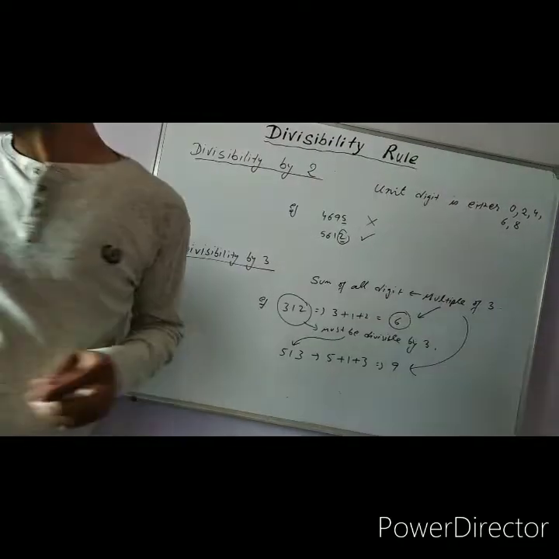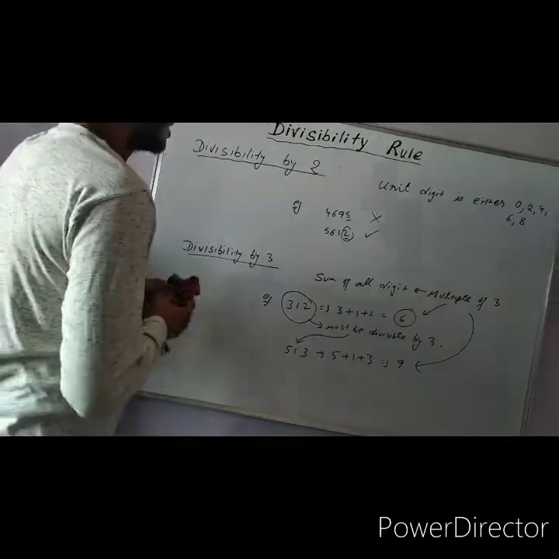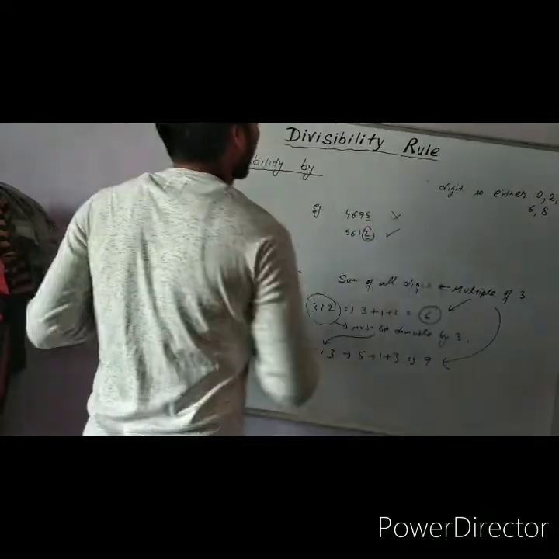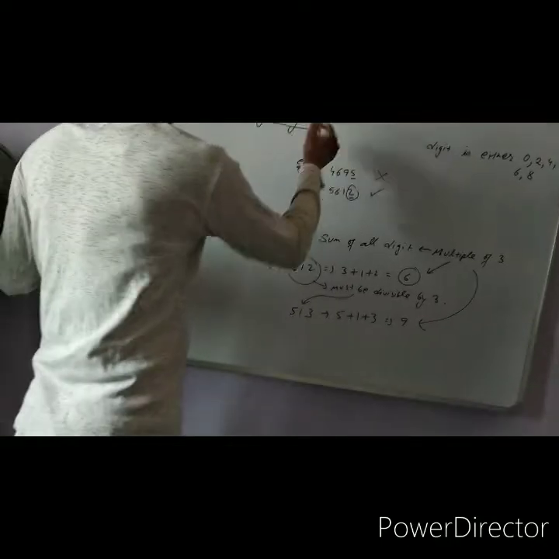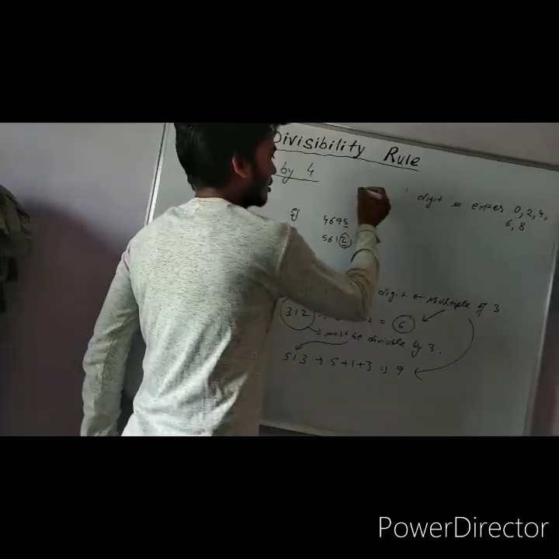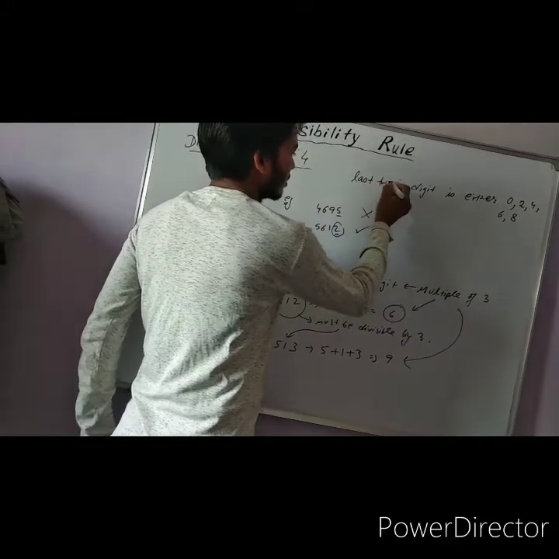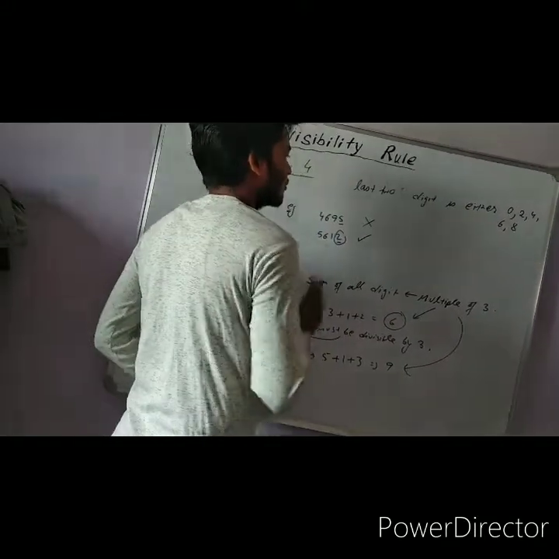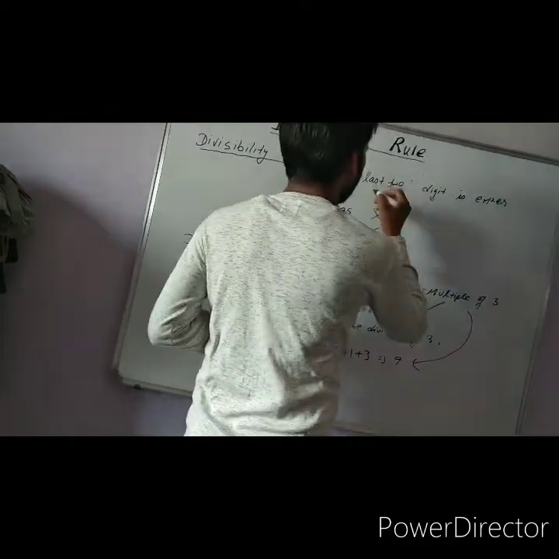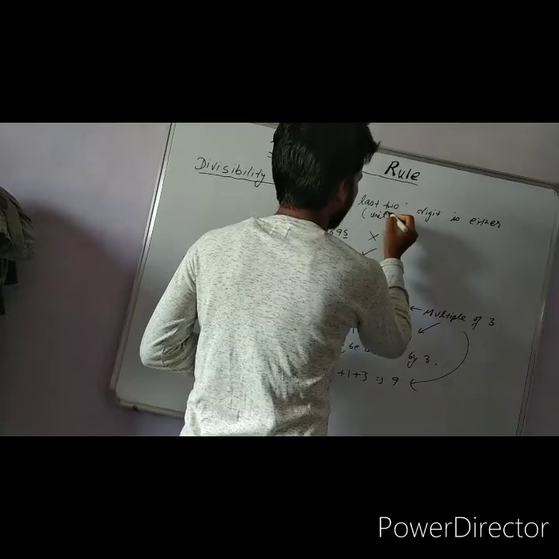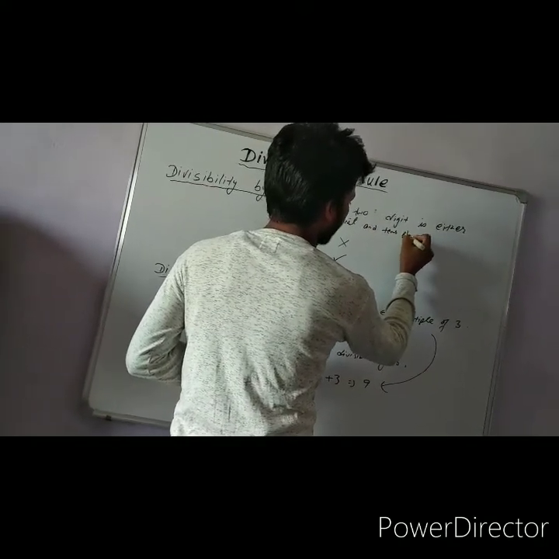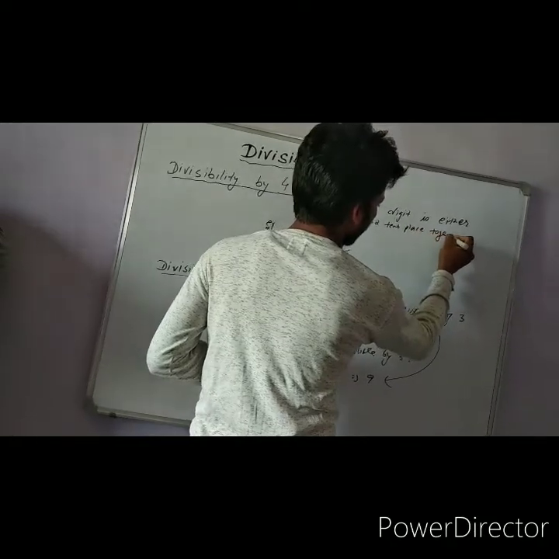Now the next, divisibility by 4. What is the rule? Last 2 digits, means unit and tens place together.